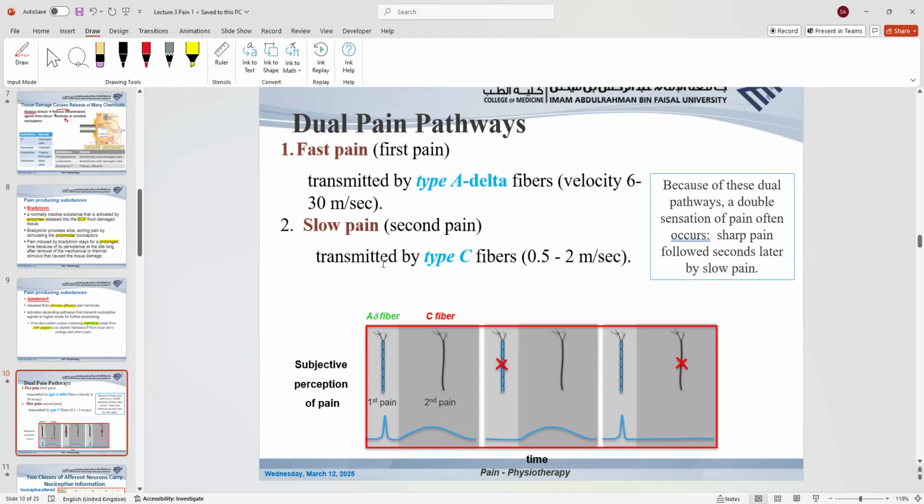So that's why you get an initial sharp pain if you get a cut on your finger or hand, transmitted by A delta fibers, and then you have a persistent slow pain which is transmitted by C type of fibers. So both types of fibers are coming from the same area but from different receptors. Fine?